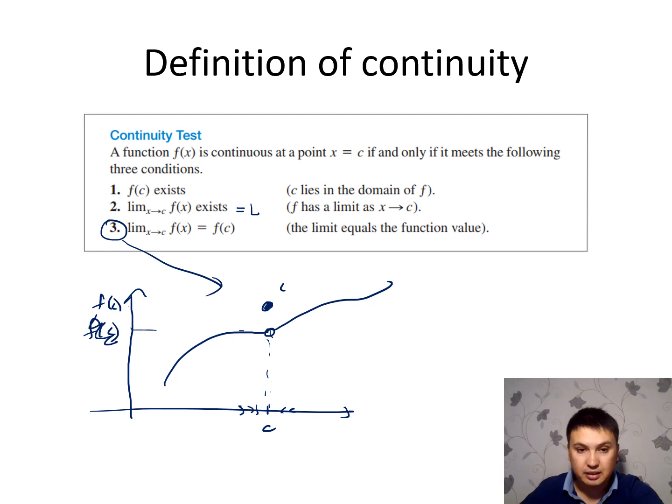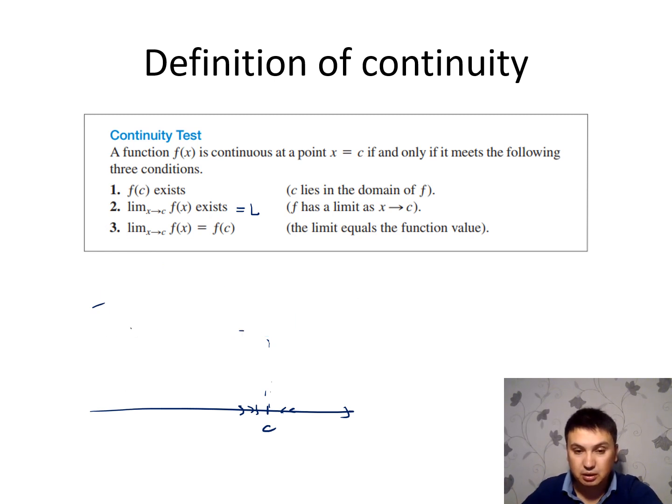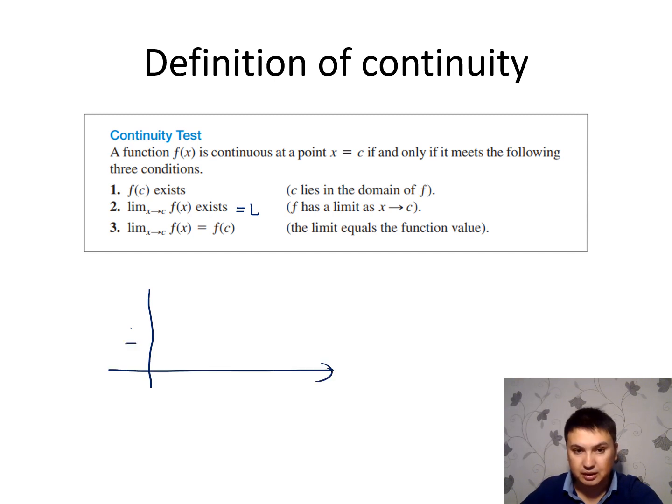Okay. So another instance is you might have a situation where the limit simply doesn't exist, right? So it might be something like this. Let's say that you're looking at c here. So the left limit is approaching somewhere, and the right limit is approaching somewhere else. So two different values, right?